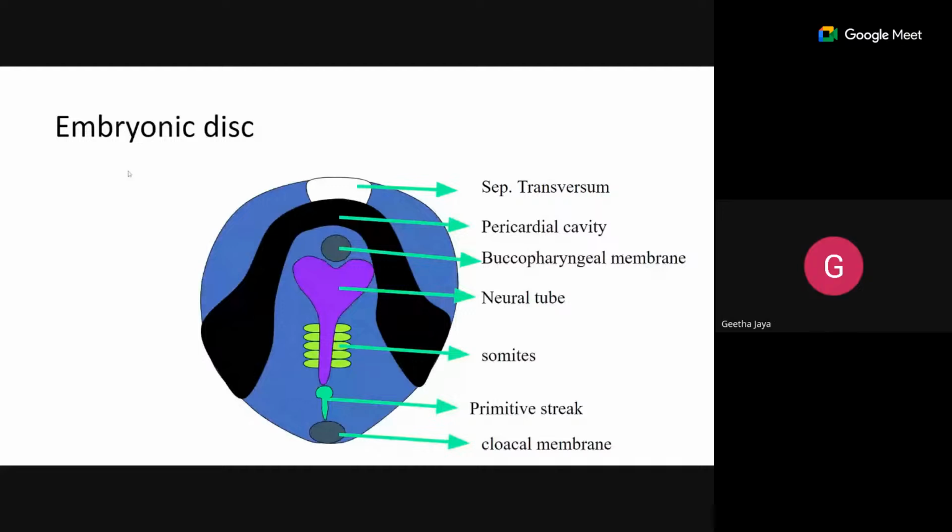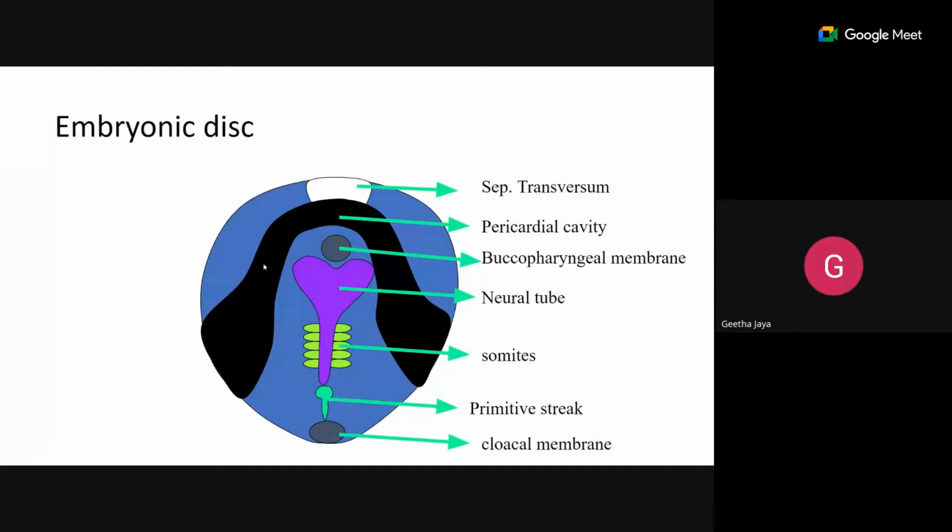Okay. So we have seen in this embryonic disc the cranial most area. We are seeing this area after removing the ectoderm. So with the ectoderm, some part of the intraembryonic mesoderm also has been removed. That part which goes with the ectoderm is the somatopleuric mesoderm.